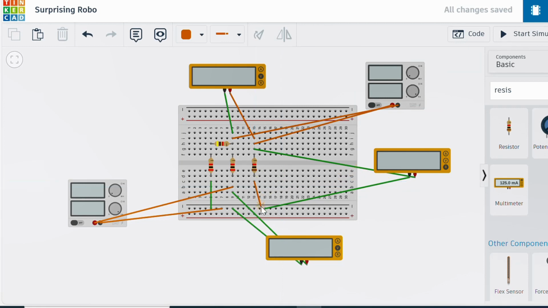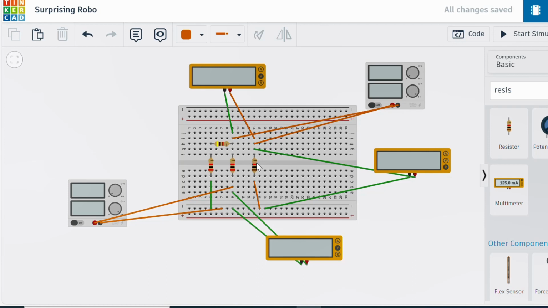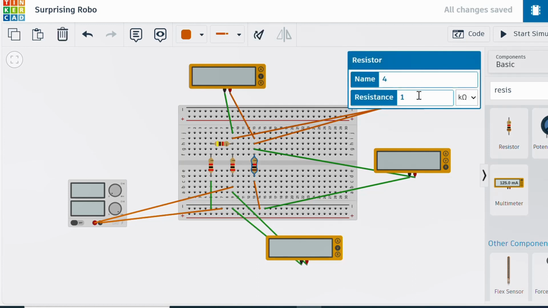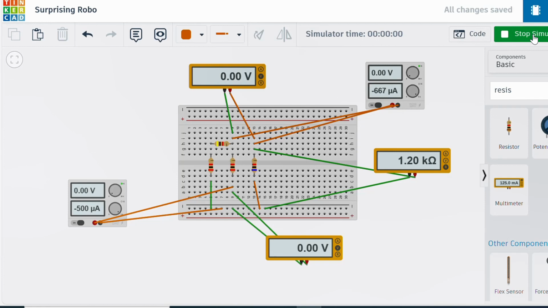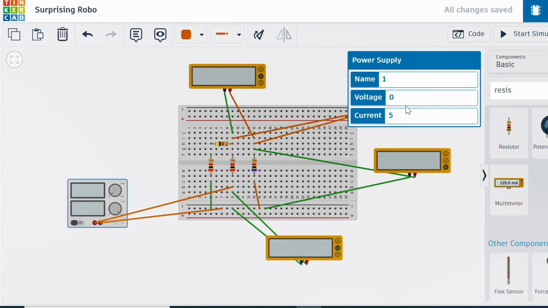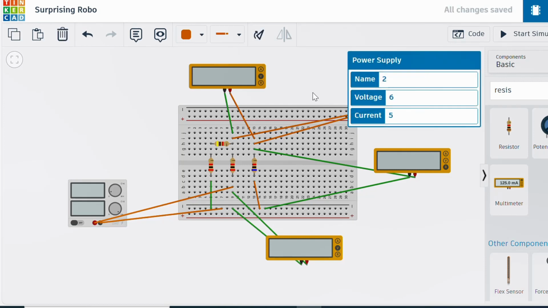So now we have the resistance between this node and the ground, and let's set the value to 6K. Now let's run the simulator. We're still switching off the supplies. Let's put the supplies back, 3 volts and 6 volts here.